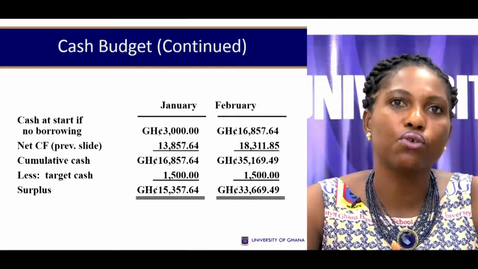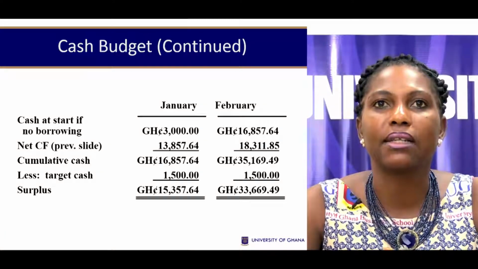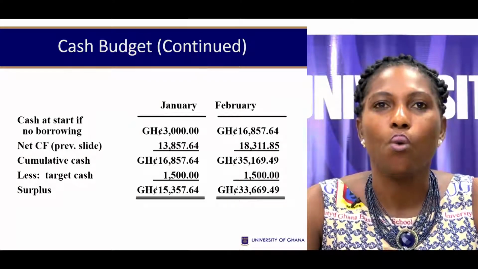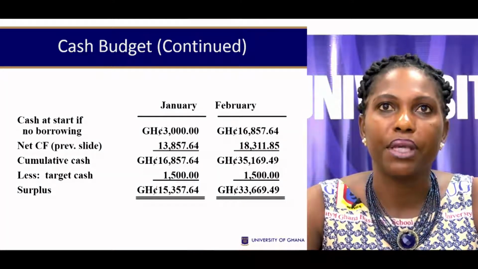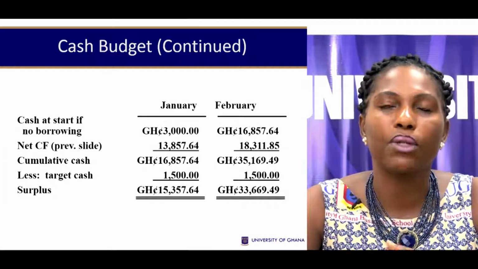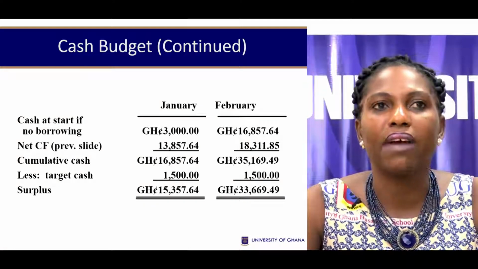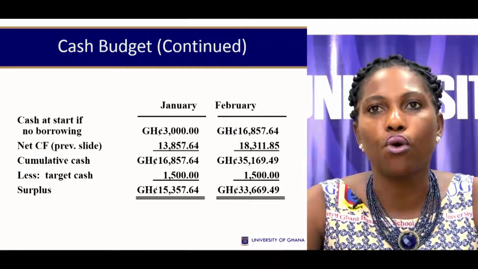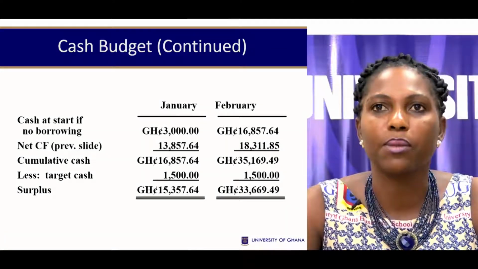Now, failure to do so may mean that a firm only realizes it's having a cash shortfall when it is too late to take certain remedial actions. Because by putting in place a cash budget, the firm is able to project way in advance how much it needs to borrow, and then begins to speak to their bankers to make those arrangements possible.